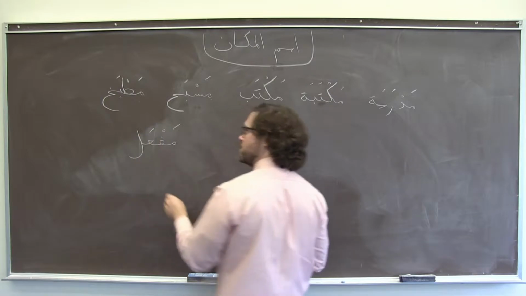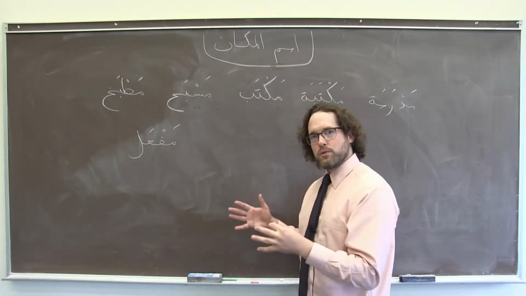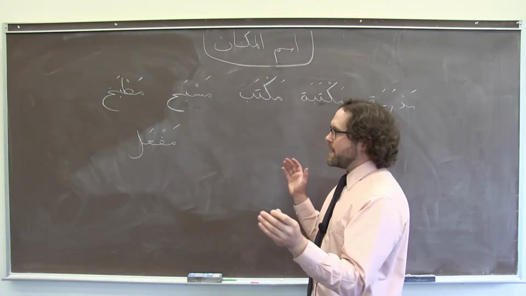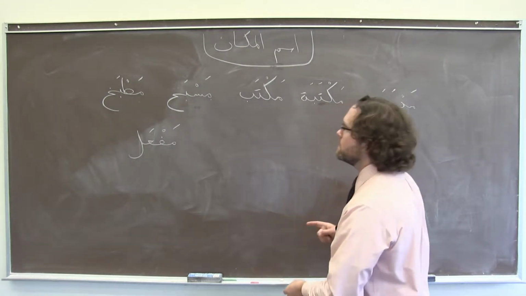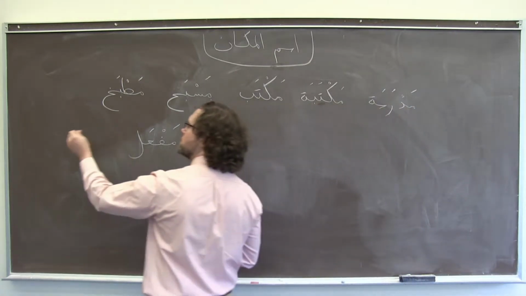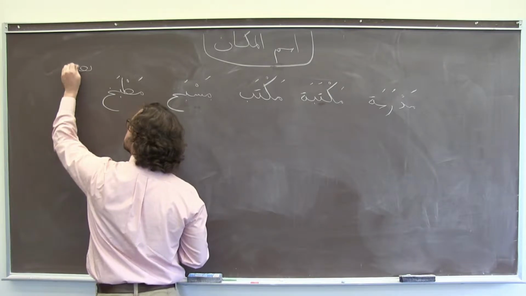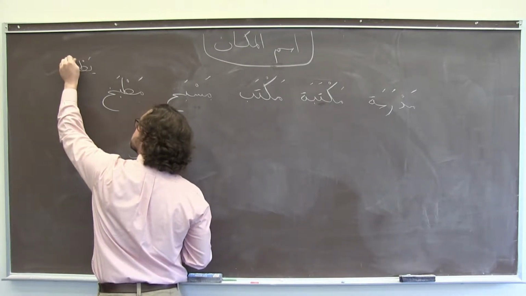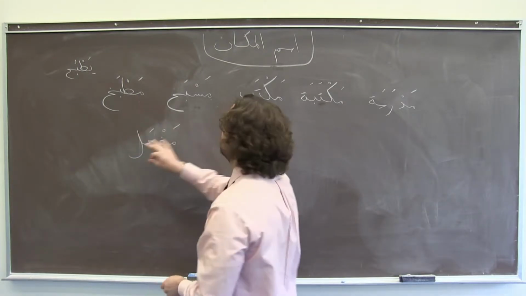maf'al, which is the pattern that we use to take a Form 1 verb and make a place noun out of it. Matbakh comes from the verb yatbukh, to cook, and it's a place of cooking, a kitchen.